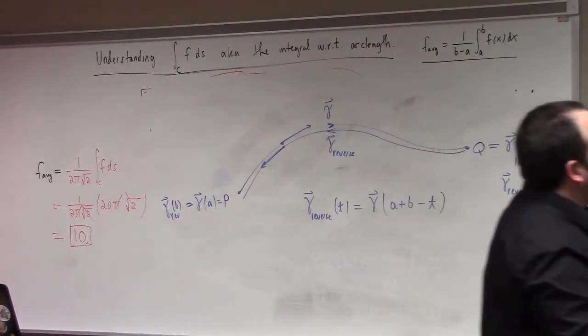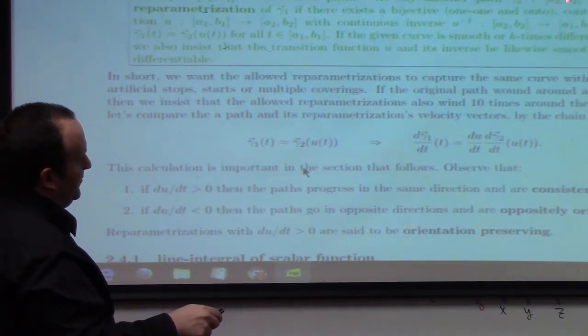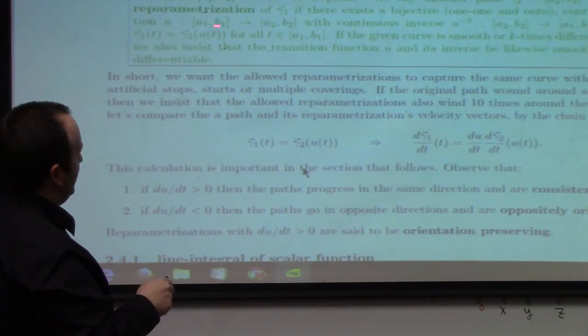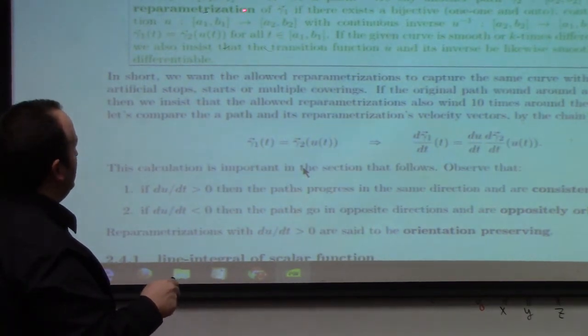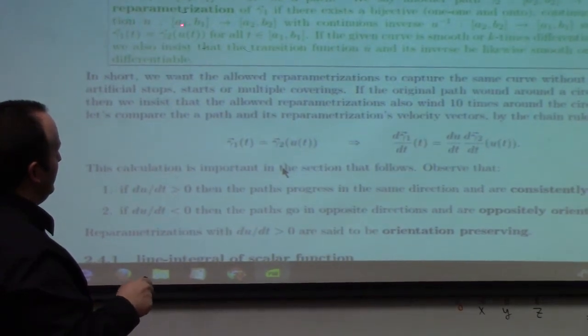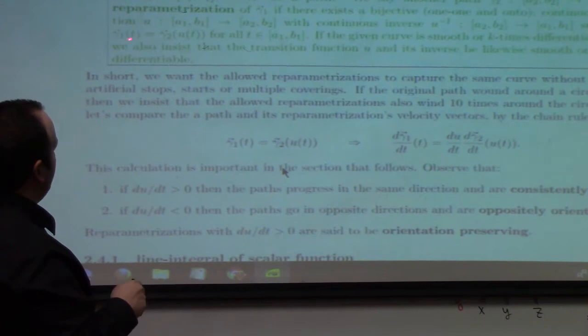So if you have a path that has range of parameters a1 to b1, and you have another path, say, that has range of parameters a2 to b2, then gamma 2 is a reparameterization of gamma 1 if you can find a change of parameters map u, which takes a1 b1 to a2 b2, which has continuous inverse, such that gamma 1 of t is equal to gamma 2 of u of t.